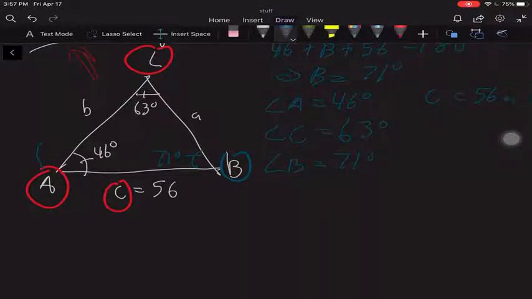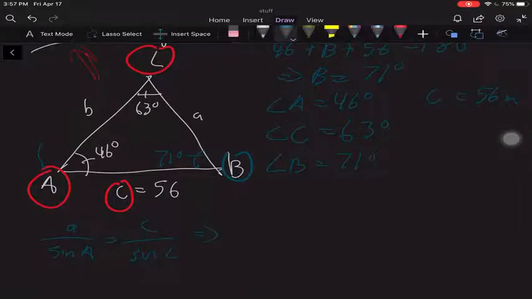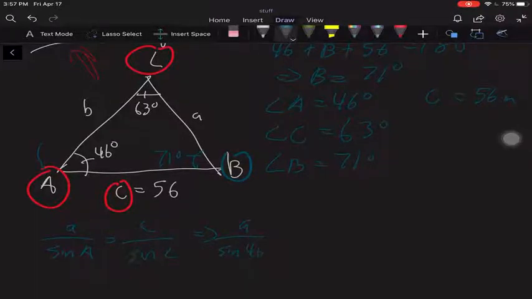Now we turn to the law of sines. Let's solve for side a first. We have a over sine A is equal to c over sine C. Plugging in numbers, a over sine of 46 is equal to 56 over sine of 63.